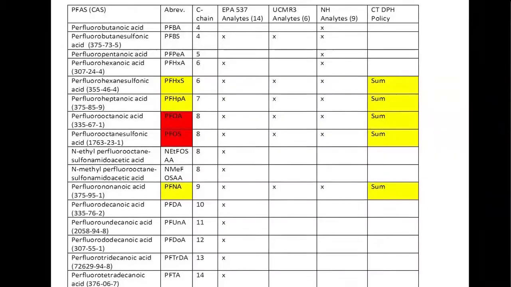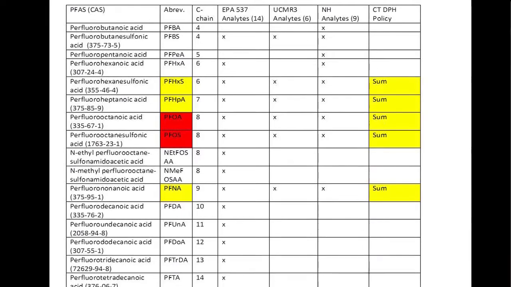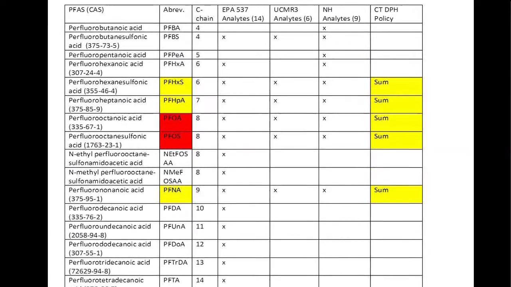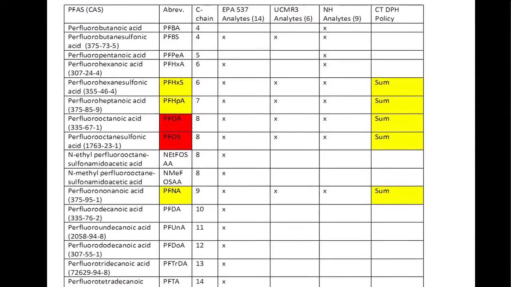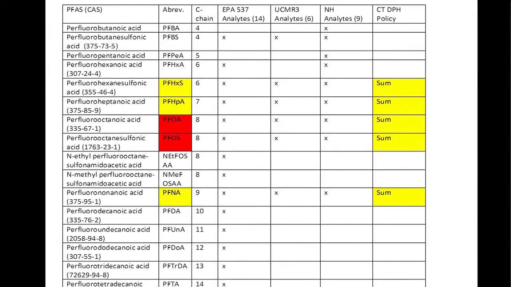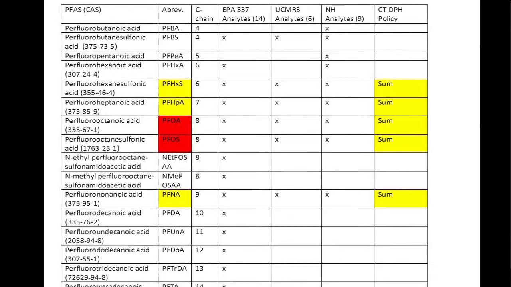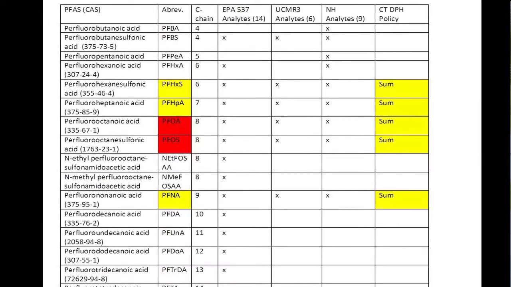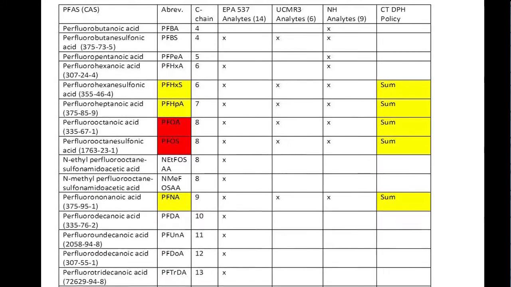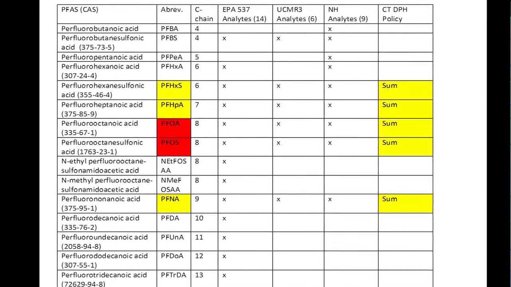All right, so here's a complicated chart, and we don't need to worry about reading all the details of the names. This is 16 different perfluorinated compounds, and if we come over here, we've got the EPA 537 analytes, so that's 14 of them. UCMR3 analytes indicated with an X, 6 of them. The New Hampshire analytes, which has 9, and you can see it includes a couple that are not part of the EPA 537 methodology.